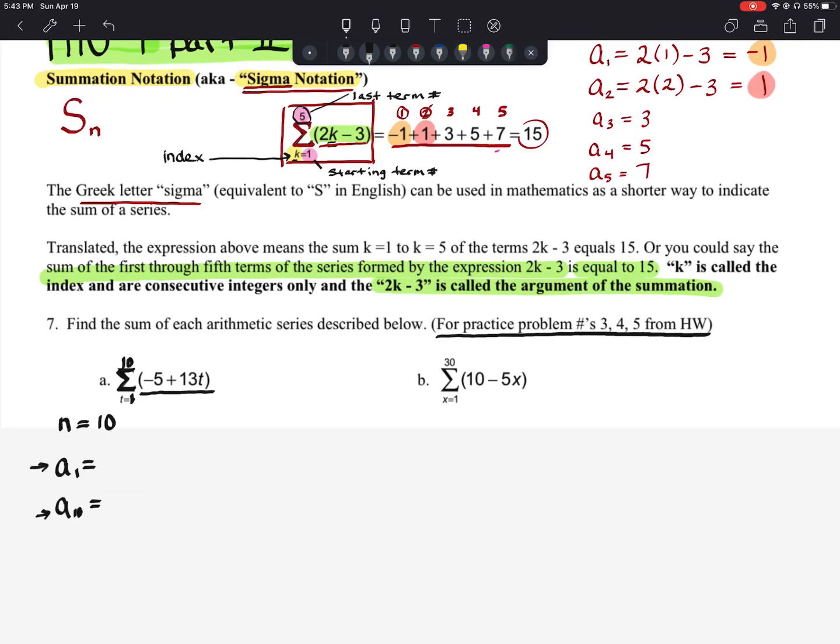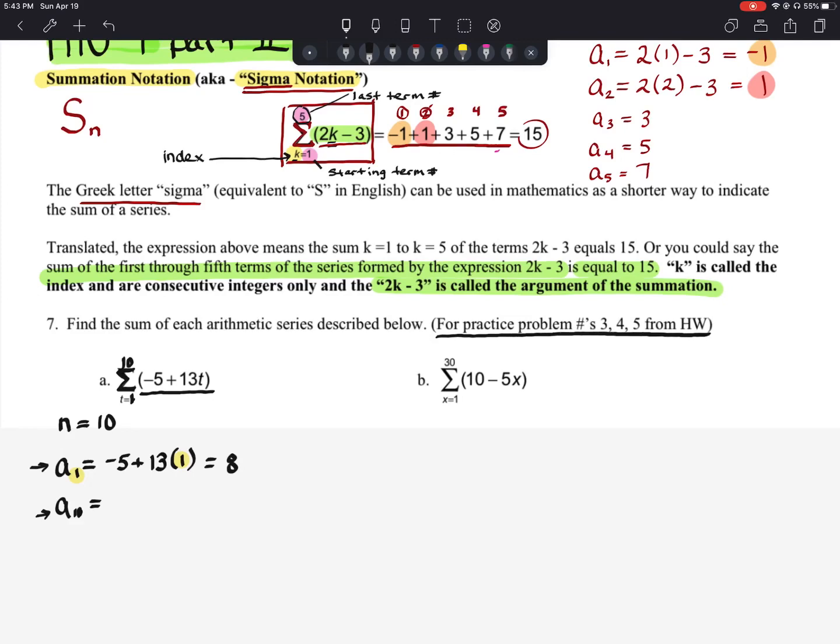The first term, we'll find by plugging 1 into that statement here. So I have negative 5 plus 13 times 1, right? This 1 matches this. What we end up with, 13 plus negative 5, is positive 8. And that means that is our first term.